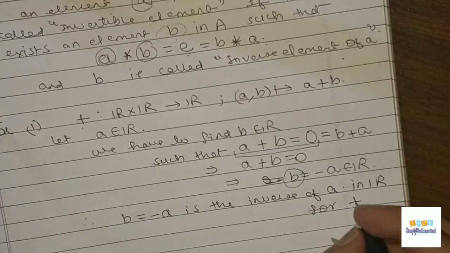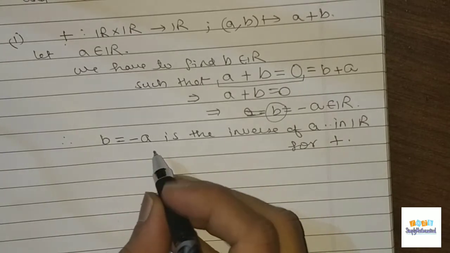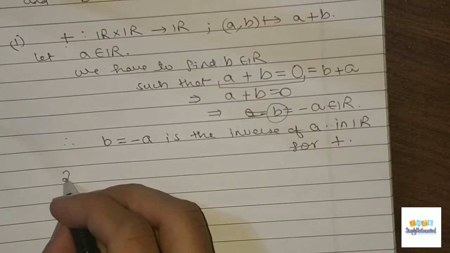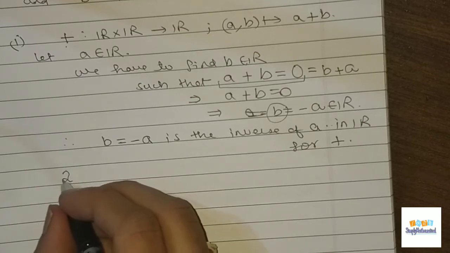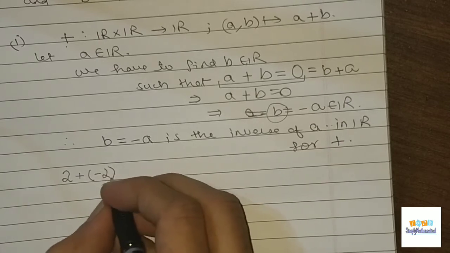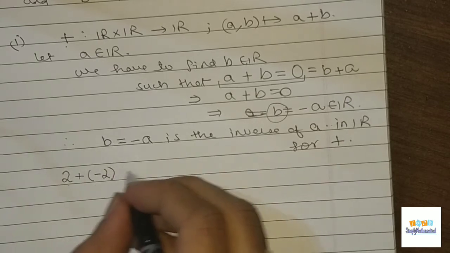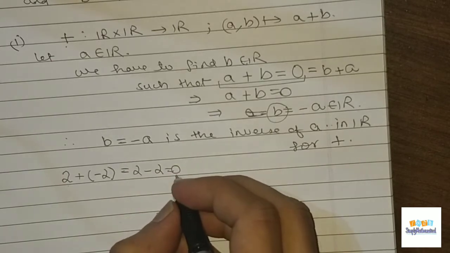and B equal to minus A is the inverse of A in R for the operation star. Now what is the meaning of this? For addition, the inverse element is the negative of the element which you take. If you take 2 plus minus 2, you get 2 minus 2, which is 0, the identity element.